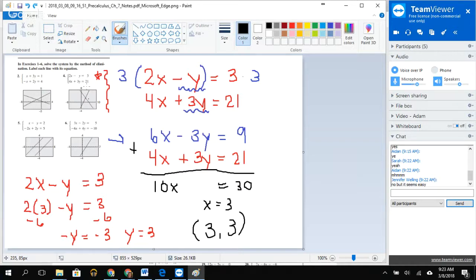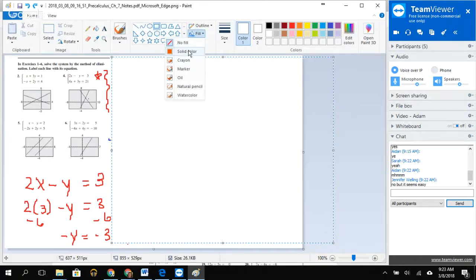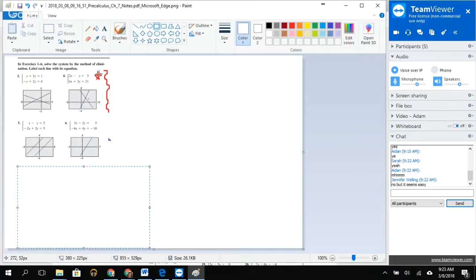Really quickly, since we have it up here, I'm not going to spend super long on this, but let's look at 5 and 6 since they give you the graph, so you kind of know what's going to happen here. If you look at number 5, and we talked about this on Monday also, they already show you the graph.